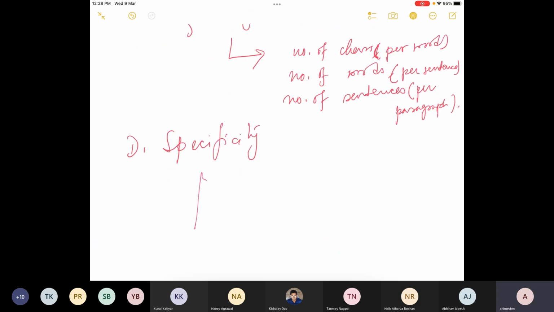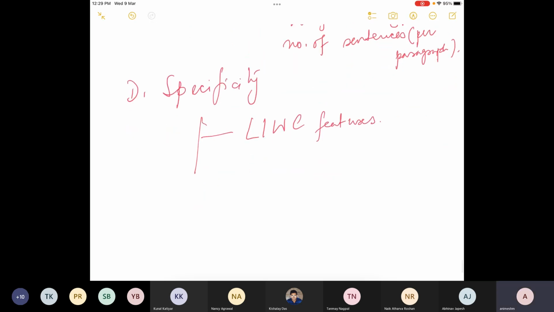Now, specificity. Typically, a true news article would be much more specific than a fake news article. This specificity is indicated by a set of LIWC features which the authors extracted. What are these features? The first is the fraction of insight words, for example, think.